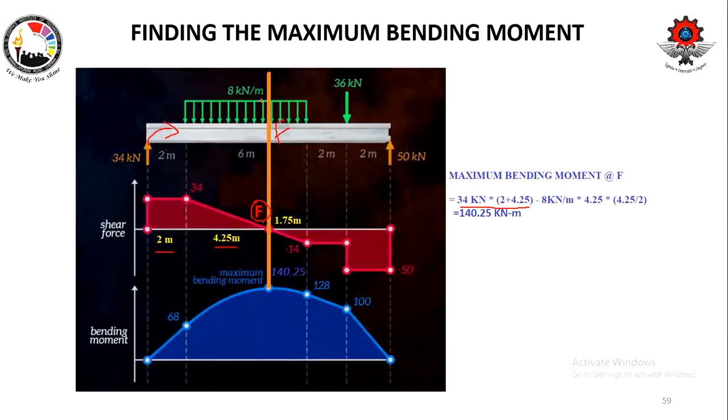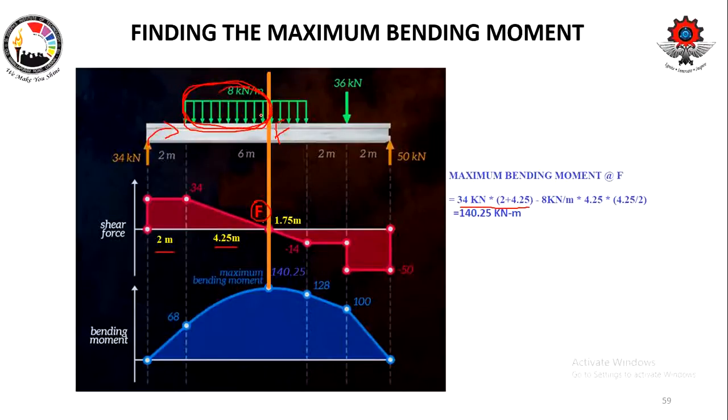Remaining, this UDL, only up to this we are supposed to consider, only for the distance of 4.25.